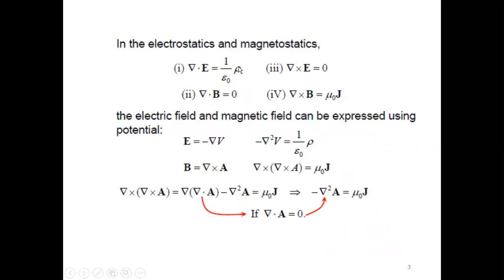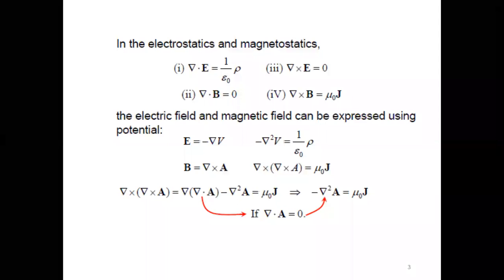I am talking about the stationary states here. Stationary states are those states which are time independent. That is, the charged particle is fixed, not moving. So all the time derivatives in the Maxwell equations will become 0. So our Maxwell's equations become as follows.